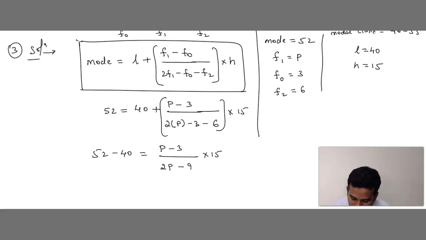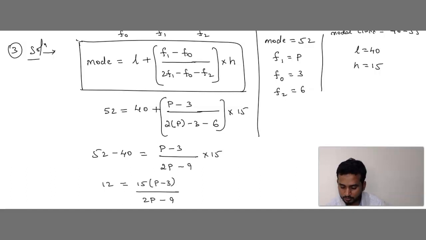Now 52 minus 40 is how much? 12. So 12 is equal to 15 into (P minus 3) by (2P minus 9).